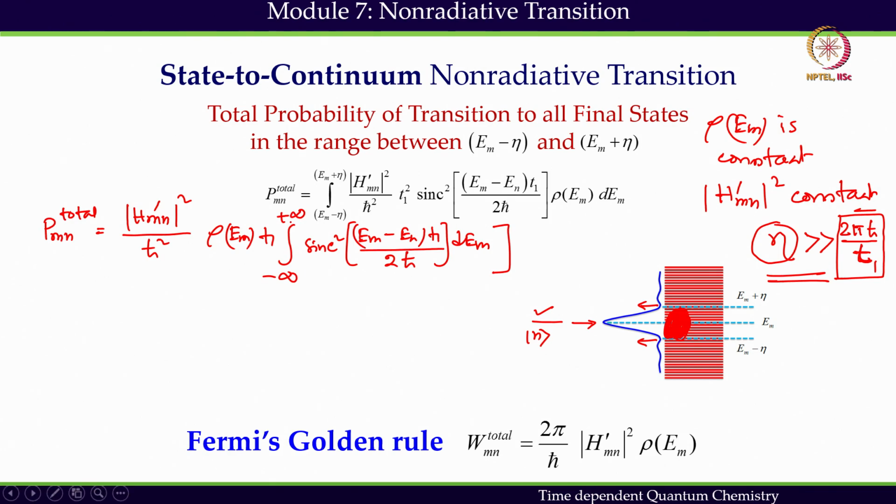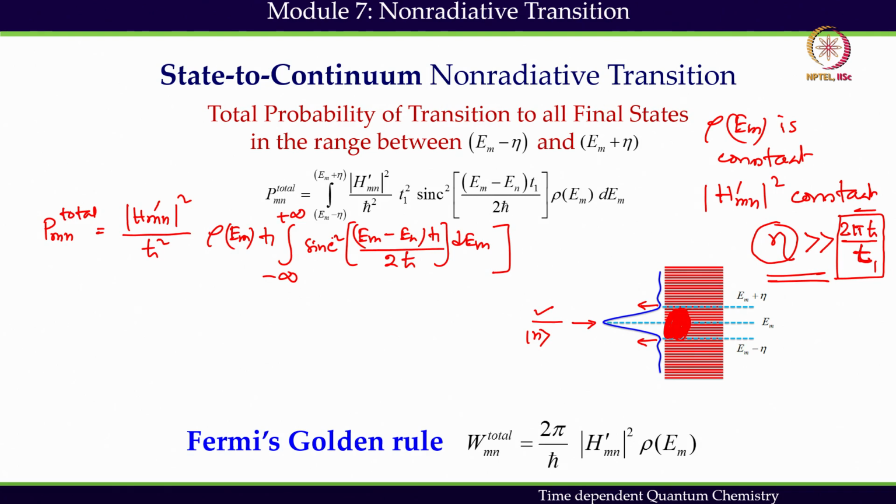If available states are much larger than the states where I can transfer the population, then I can transform this integration within the limit of minus infinity to plus infinity, because then very easily we can calculate this integration.